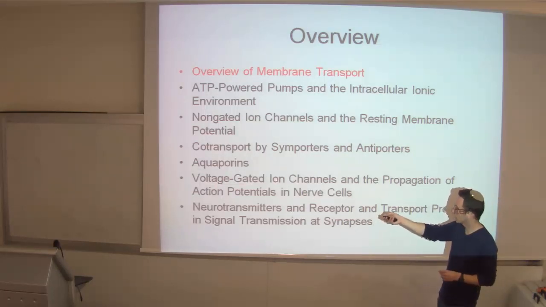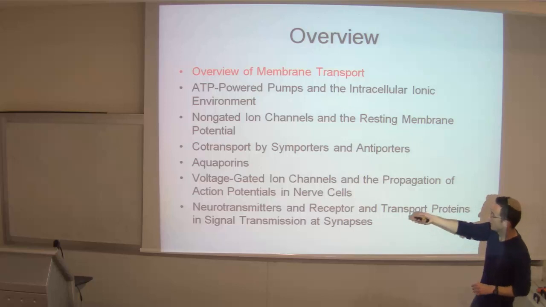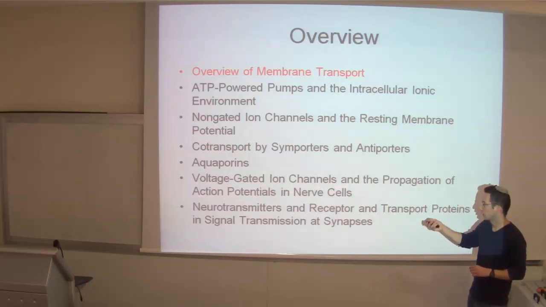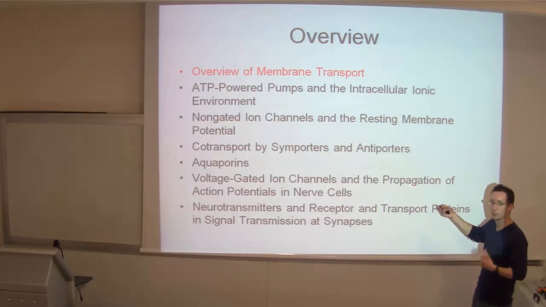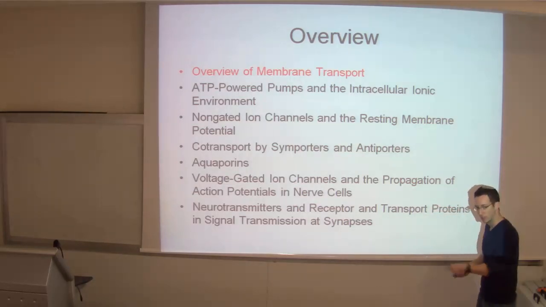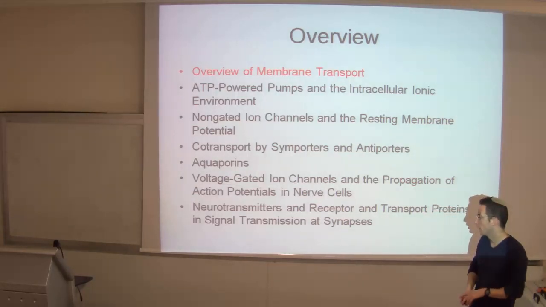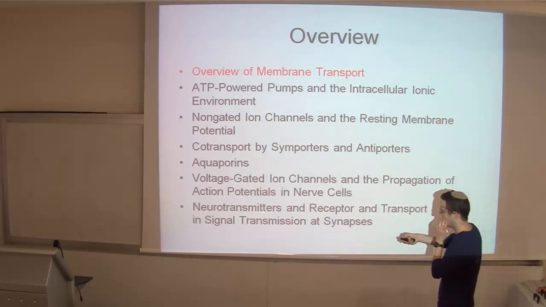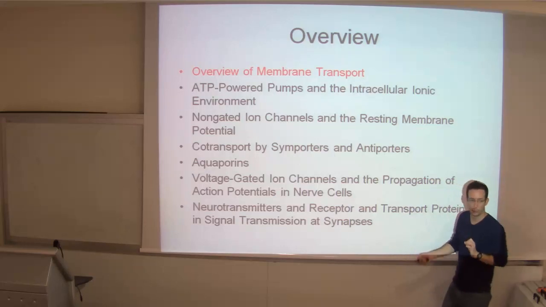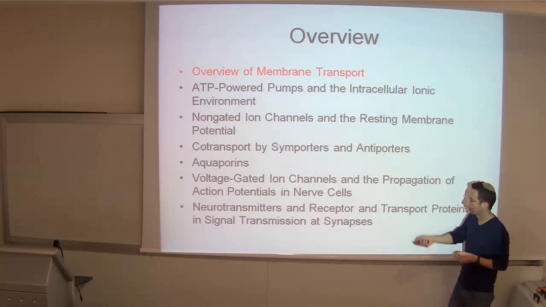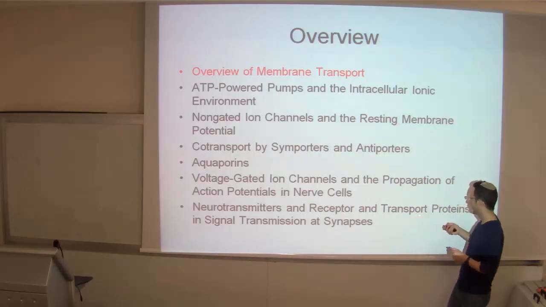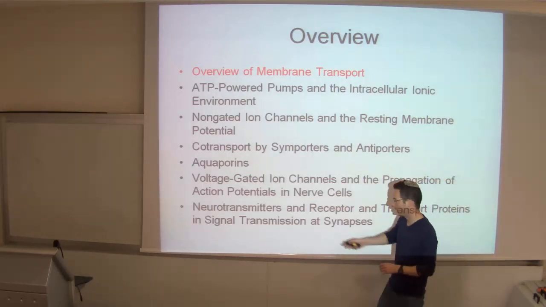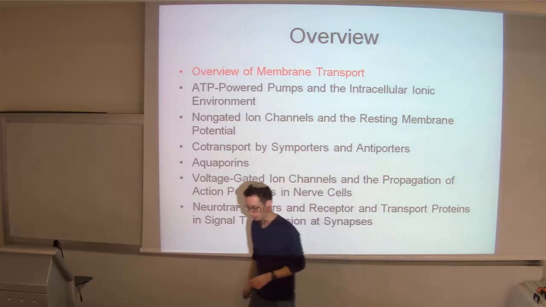The voltage-gated ion channels are the main components that generate the action potential, or allow for the active propagation of the action potential along nerve cells. And we will finish with a chapter that describes the major components we find at the synapse site: neurotransmitters, receptors, transport proteins, all these components that are involved in signal transmission.